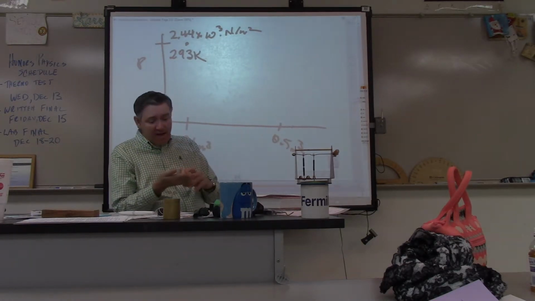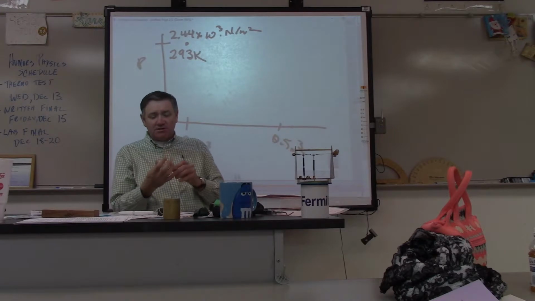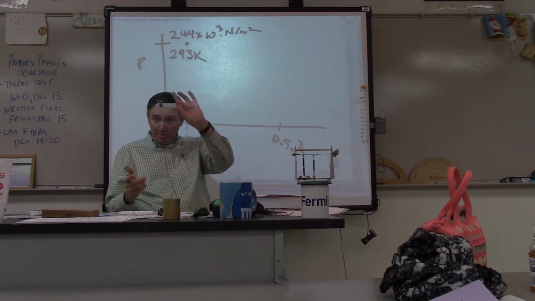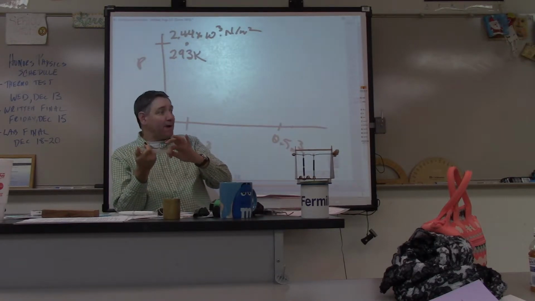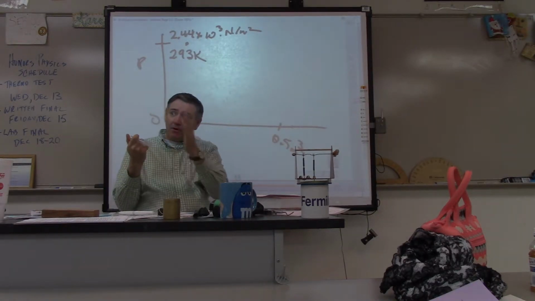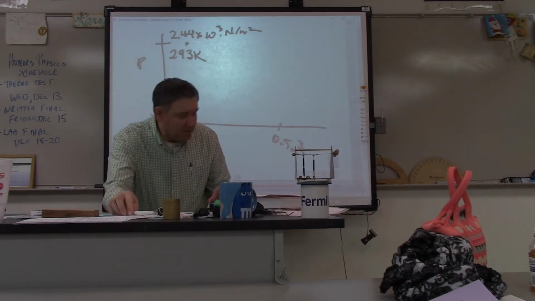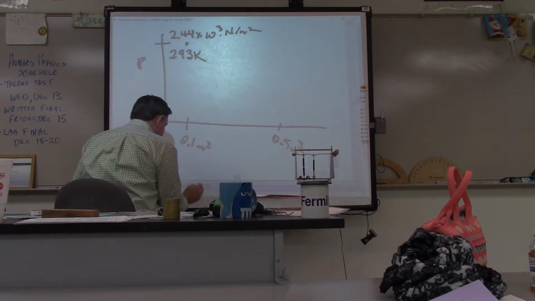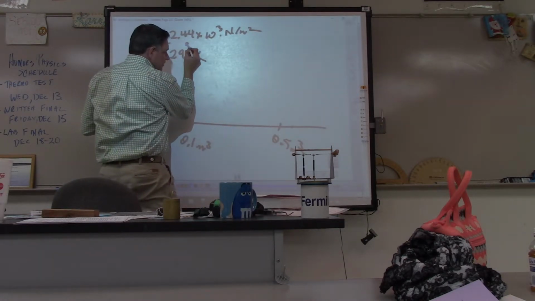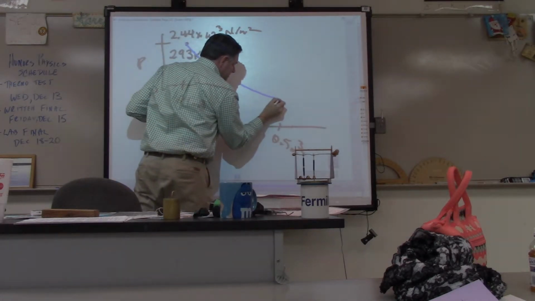So I've got to have this as a sealed system. So here I am at some point, we're going to call 0.1. I'm going to put my finger over the end of it, and then I'm going to pull back on that. So I'm going to make my volume get bigger. I'm going to go from this point to this point. I'm going to change up the colors because I can. So I'm going to come down here like this.